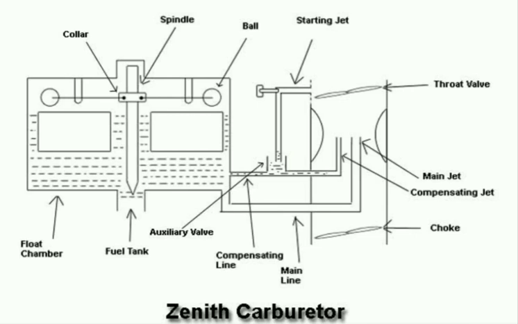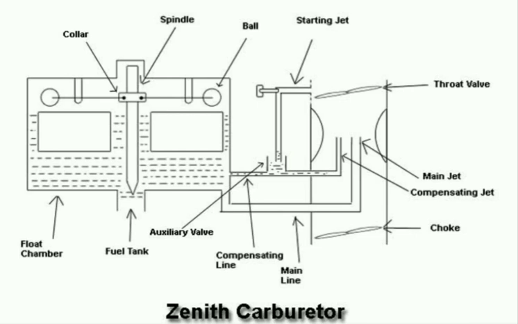Now, if we talk about the working, at first fuel from the tank enters the float chamber through a passage which is blocked by a spindle present in the float chamber when fuel is not needed, right? This spindle moves up and down to block and unblock the fuel supply to the float chamber.